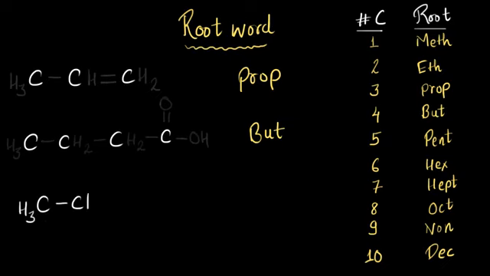Now, if you have tried it, let's see. So if I just focus on the carbon atoms, see, this C was for chlorine, not carbon. There is only one carbon atom in this molecule. So to denote the presence of only one carbon, we use the root word meth. This is how we give root words to all the carbon compounds.